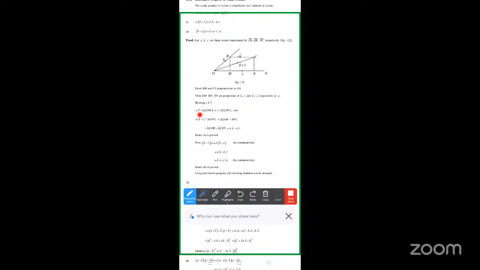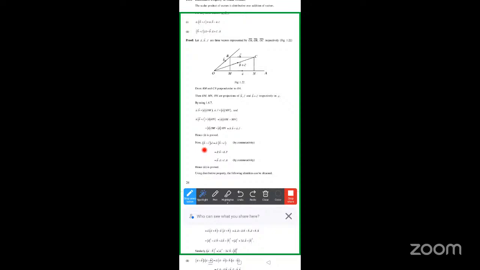A dot B is equal to mod A into OM, and A dot C is equal to mod A into MN. And A dot (B plus C) is equal to mod A into ON, which is mod A times (OM plus MN), equal to mod A dot OM plus A bar dot MN. So A bar dot B bar plus A bar dot C bar. Hence proved.